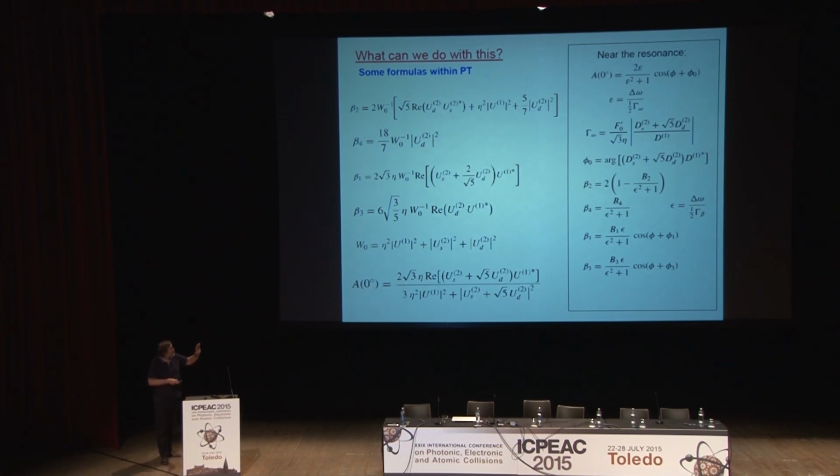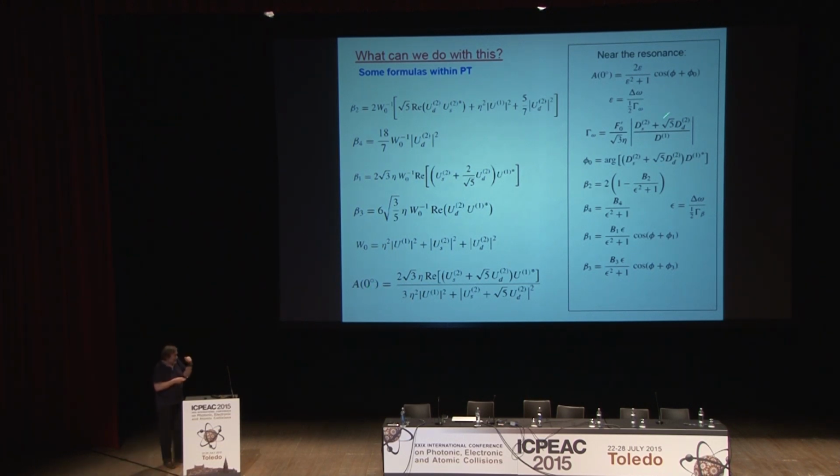These formulas are not to show you in detail, but what can we do with this? If the second-order perturbation theory works, then we can obtain beautiful equations for the observable quantities: beta 2, beta 4, beta 1, beta 3, and the asymmetry.